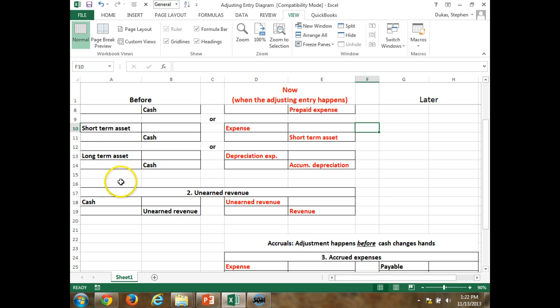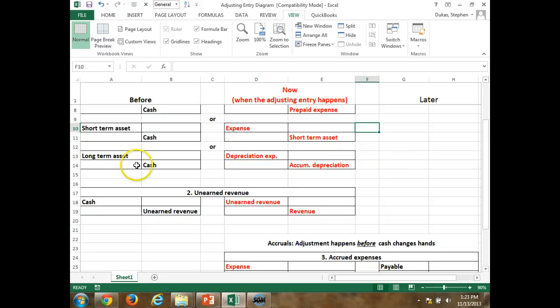With long-term assets, we purchase equipment or something else long-term that we depreciate, and like we said in the previous video, the debit is to depreciation expense, and the credit is to a contra asset account called accumulated depreciation. On the revenue side, you can get prepaid for revenue.